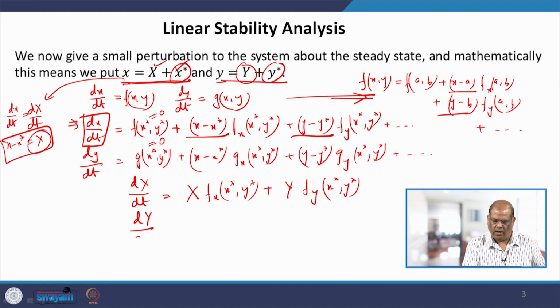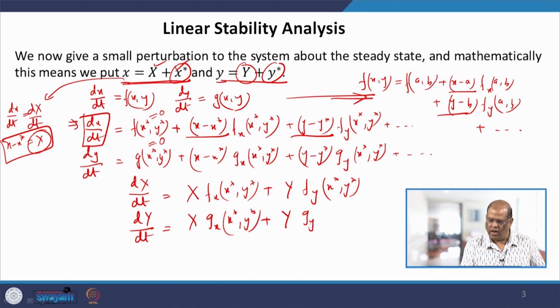Similarly, dY/dt equal to X g_x(x*, y*) plus Y g_y(x*, y*). Now, this can be put in the matrix form also.